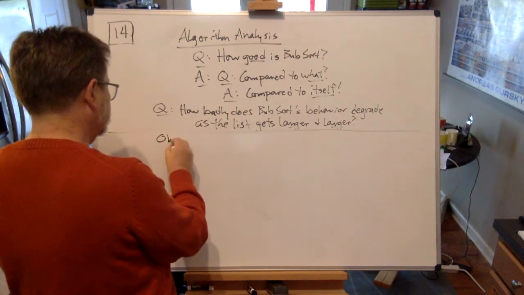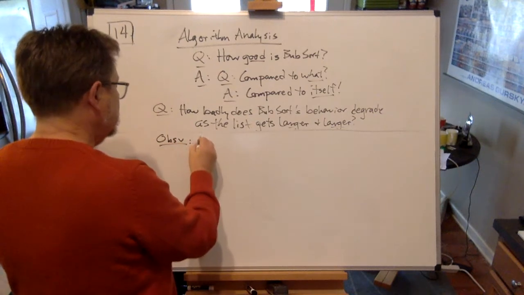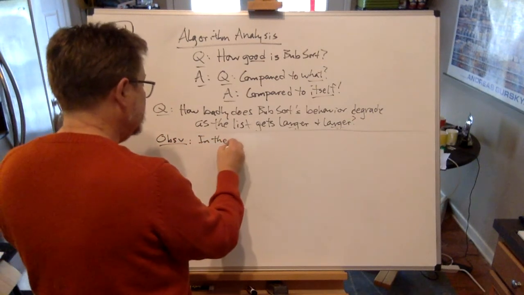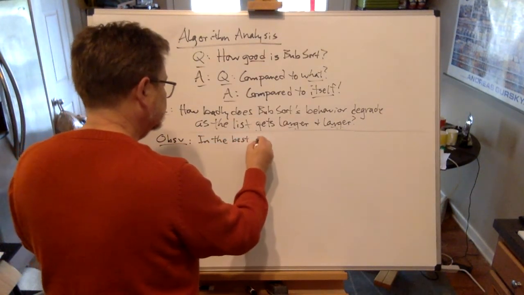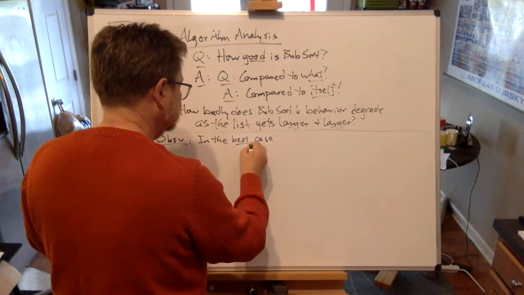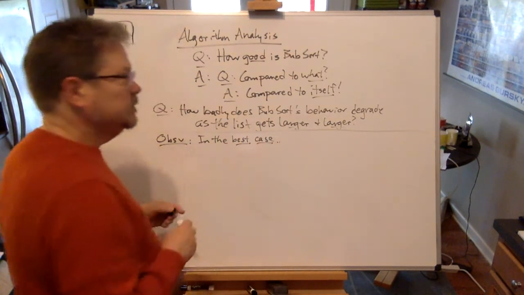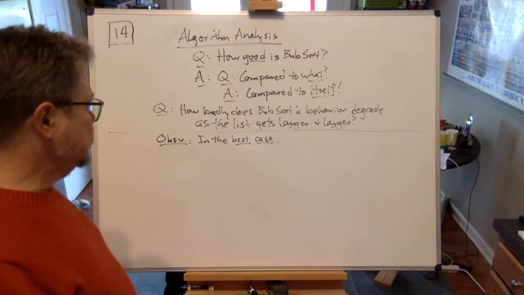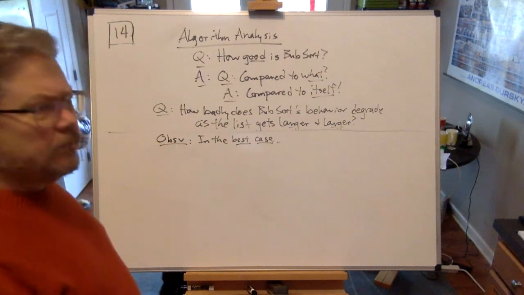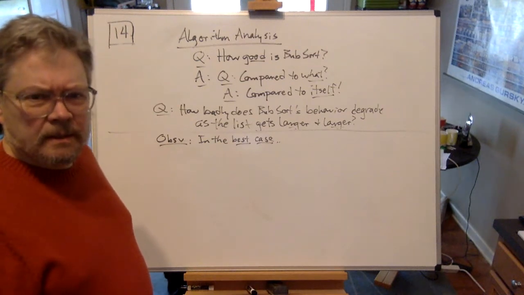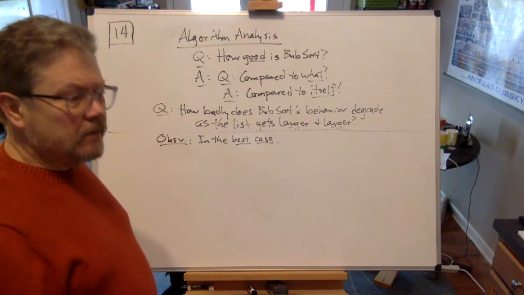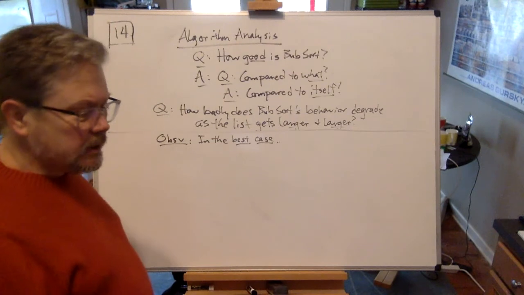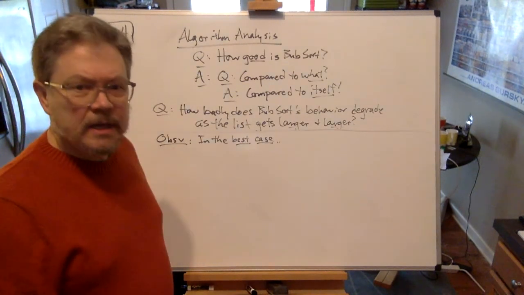Observation. In the best case... and I put dots because I'm not necessarily going to finish that sentence right now. In the best, well, first of all, what is the best case? You might think, well, duh, of course, the best case for a sorting algorithm is if the list is already in order.